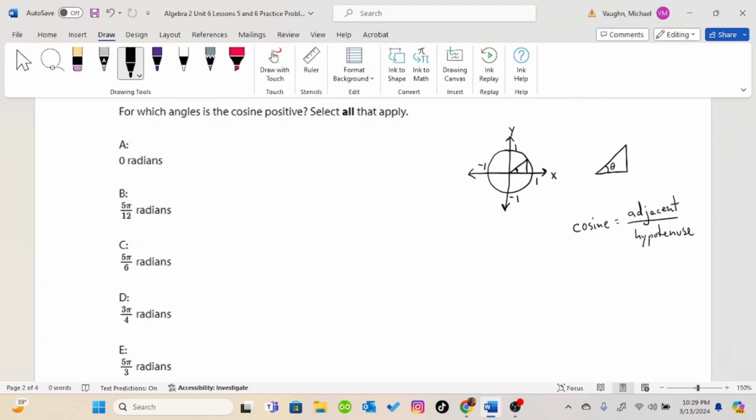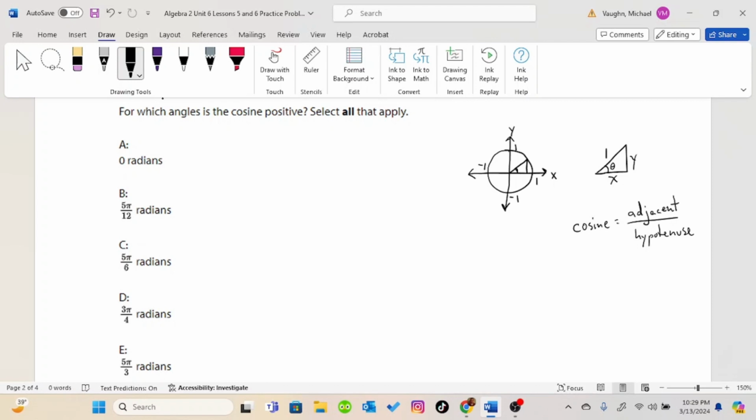So if I'm looking at this angle and I'm on a unit circle where the hypotenuse is 1, this is my x measurement, and this is my y measurement.